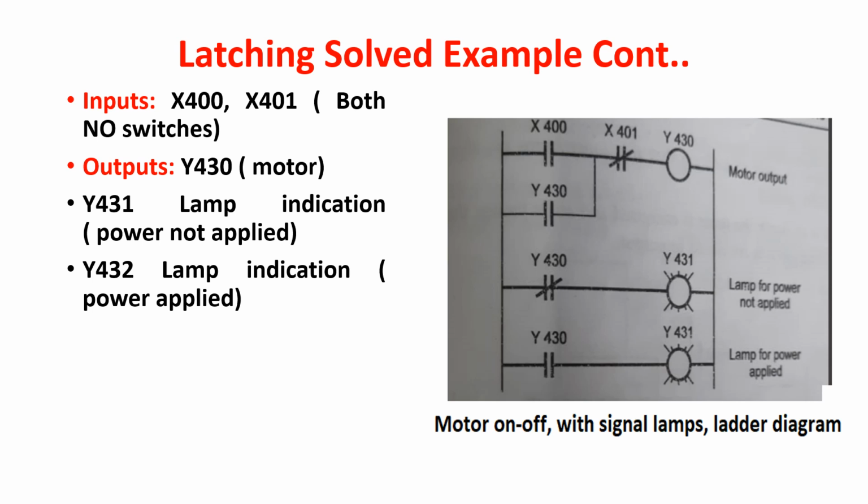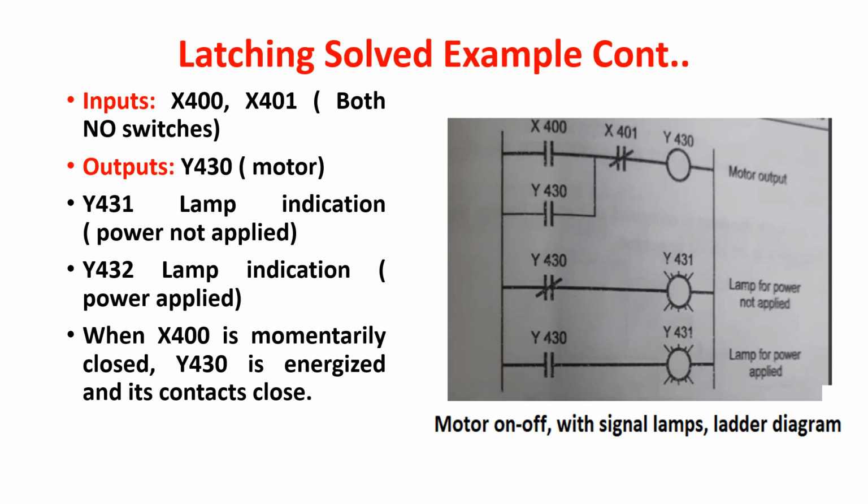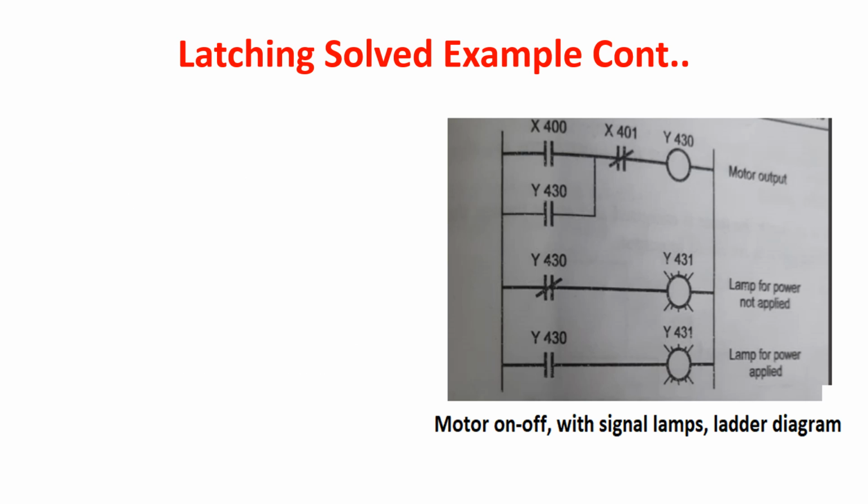When the input X400 is momentarily closed, the output Y430 is energized and its contacts closed. This results in latching and also the switching off of Y431 and the switching on of Y432.